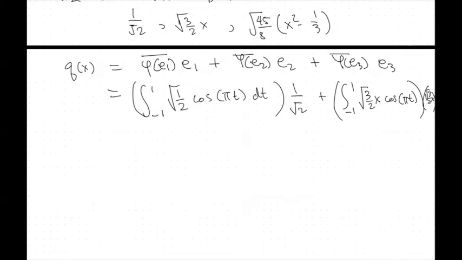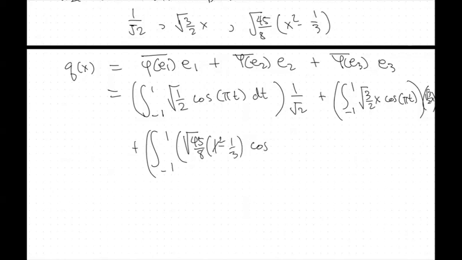Okay. And then lastly, we get the integral from -1 to 1, and we apply the linear functional to the third basis element. So this is square root of 45 over 8 times x squared minus 1/3, and then cosine pi t. So instead of x, we use t here.